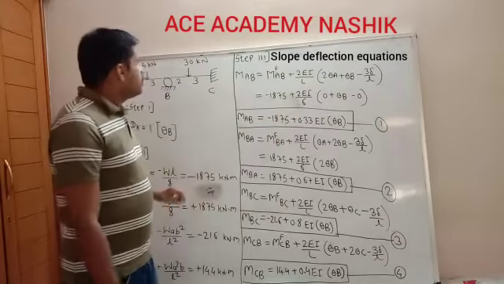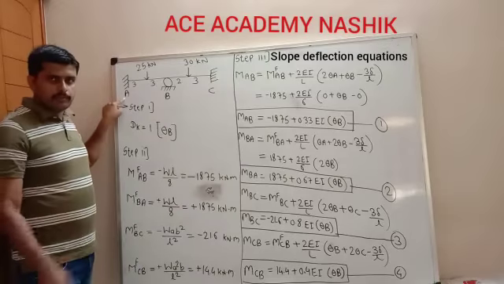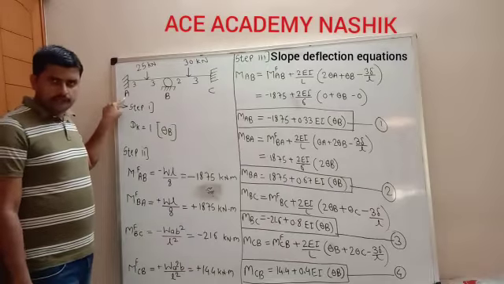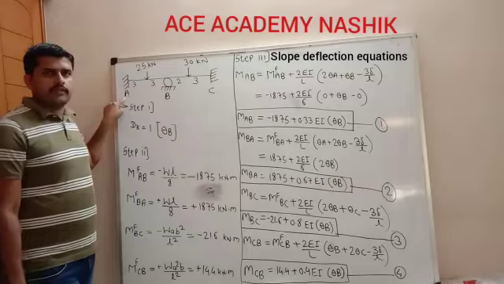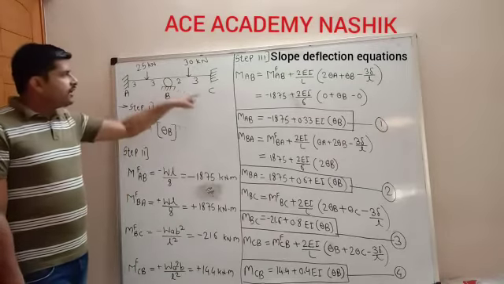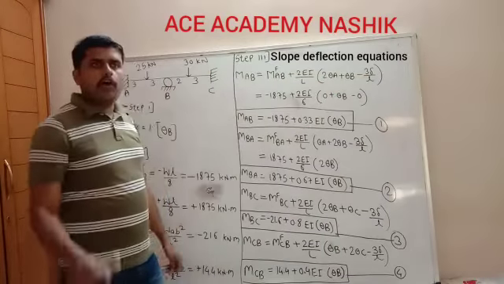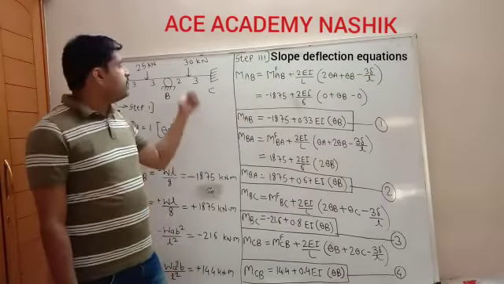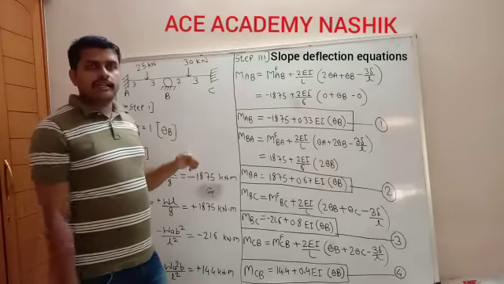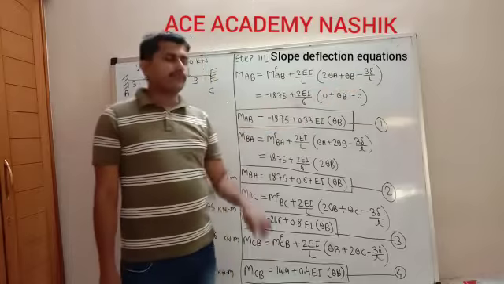Why? Because A is a fixed support, and at a fixed support there is no rotation. Hence, theta A will be 0. Delta is nothing but the vertical settlement of a joint. There is no given settlement of a joint, so delta is also 0.